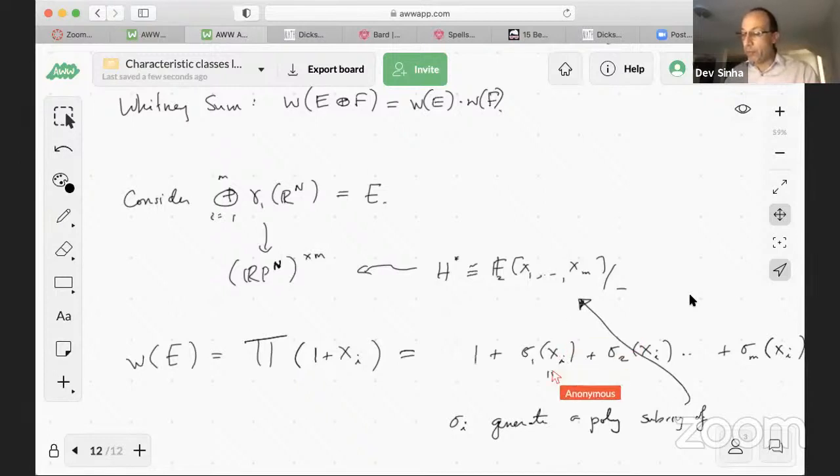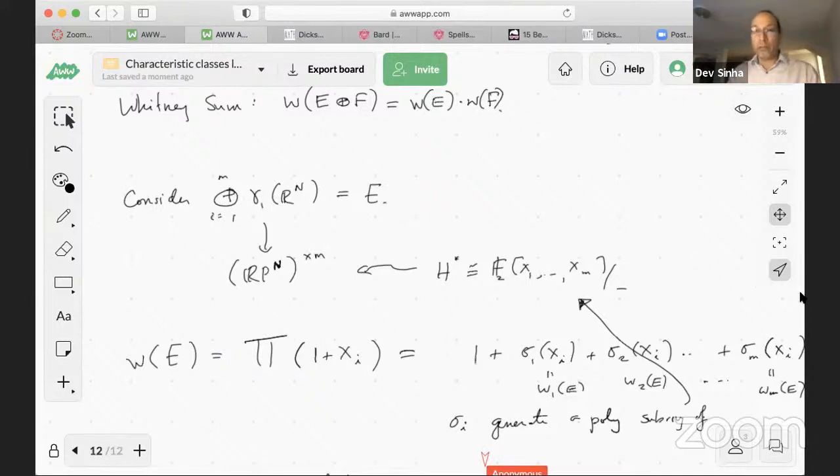Well, this is going to be W1 of E, W2 of E, etc. So there's no relation among any of the powers of these W's, again letting n be sufficiently large. There's no relation. So that implies there can be no universal relations among these Wi's.